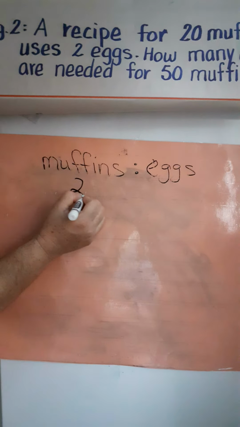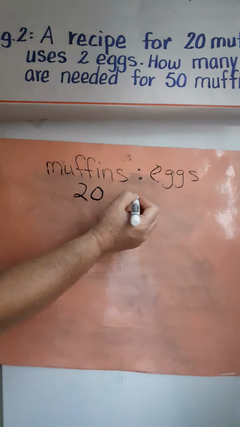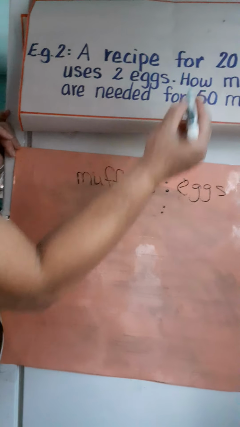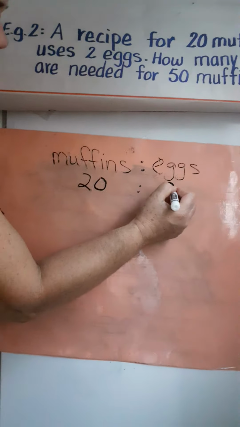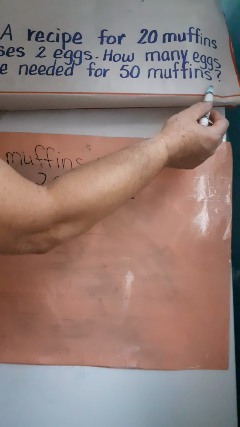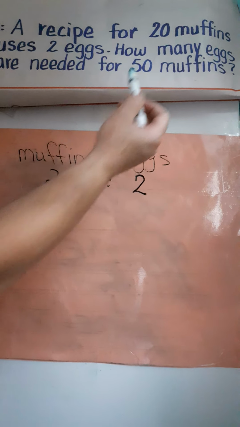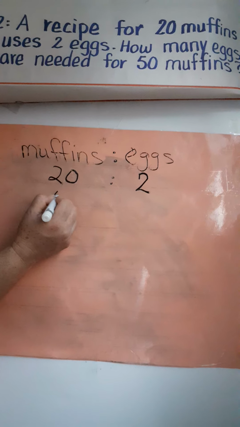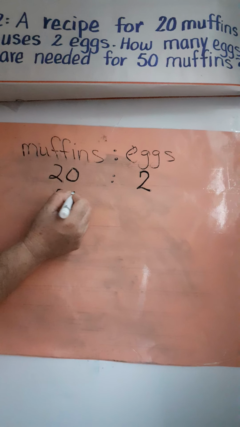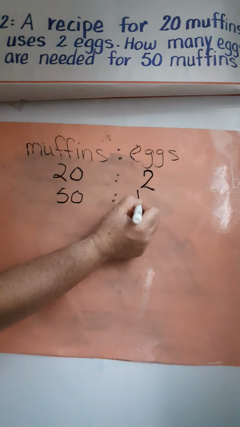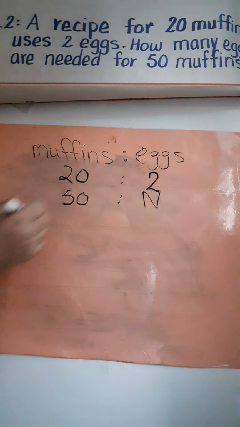So we write 20 under muffins, 2 eggs. Now the question says, how many eggs are needed for 50 muffins? So 50, we are going to put it under muffins. 50 to, this is going to be N because we do not know.